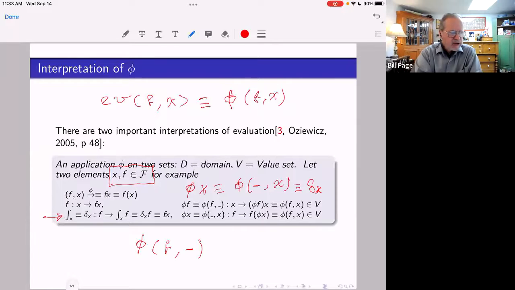But if we just change the notation a little bit, if we wrote g instead of x, right? So we have two functions, f and g, and then we would normally be referring to this as composition or something.